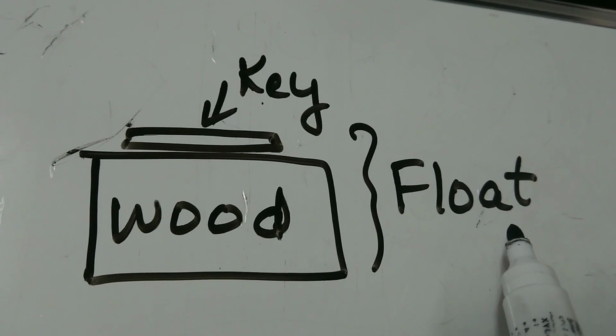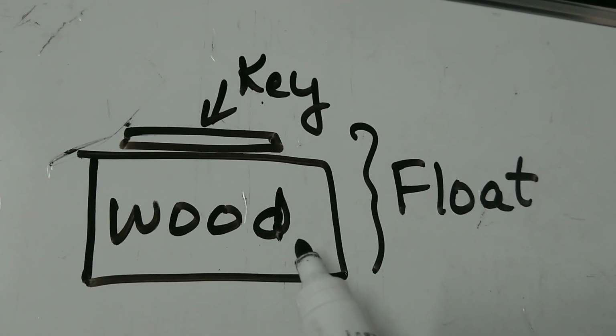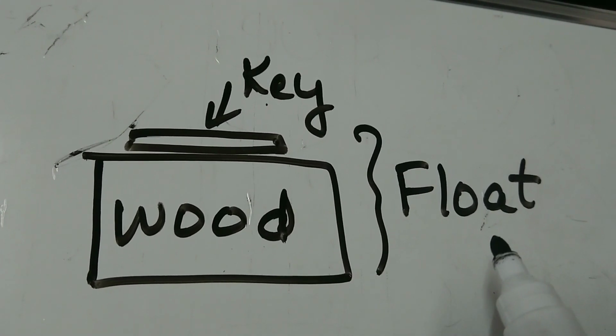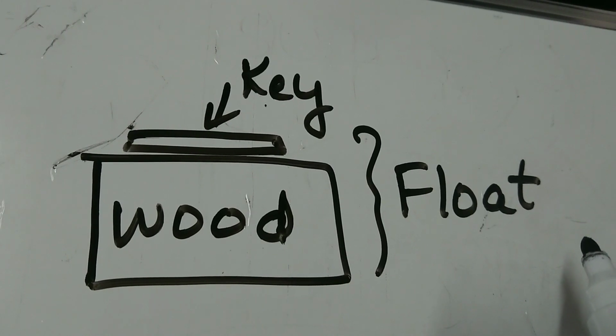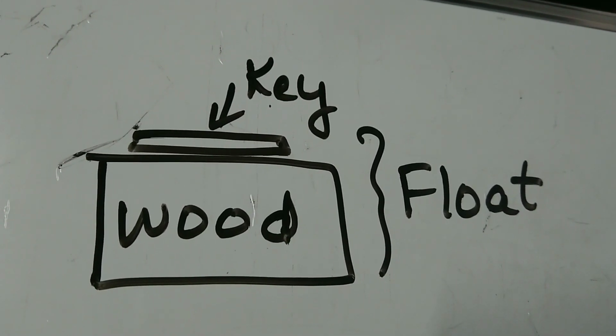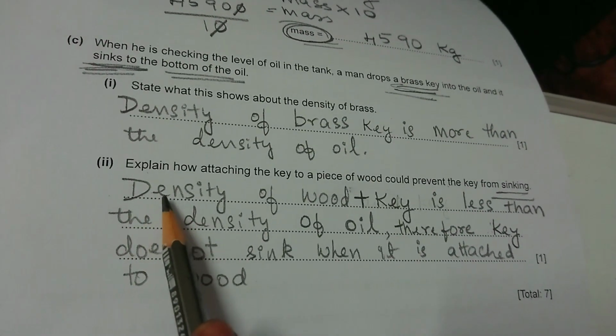Then think, what about the density of these two combination? It must be less than the density of the key. So write the answer here.